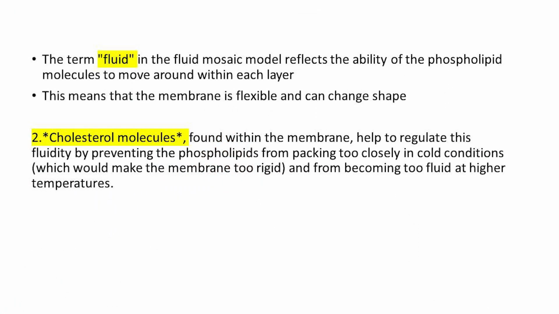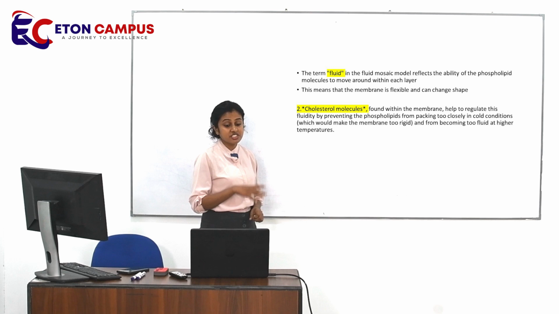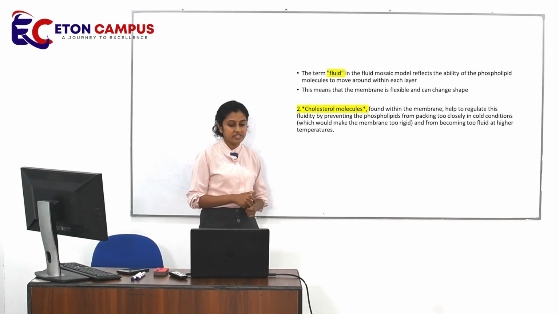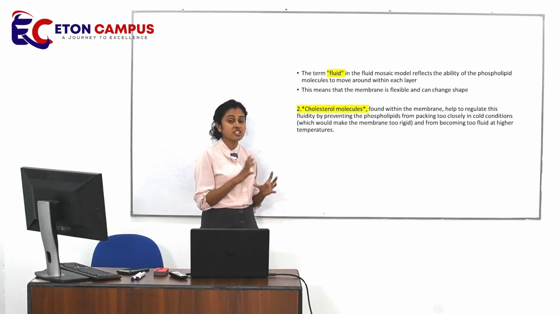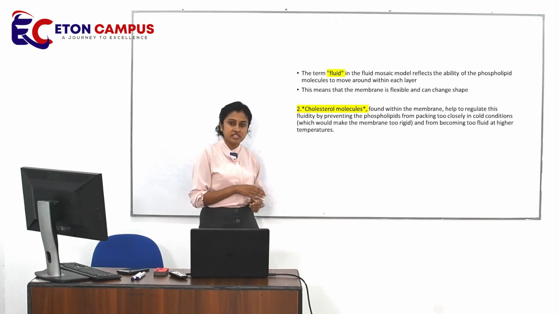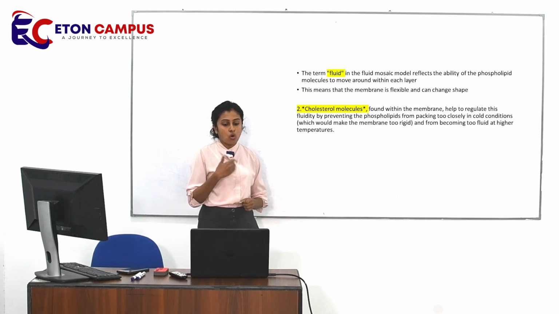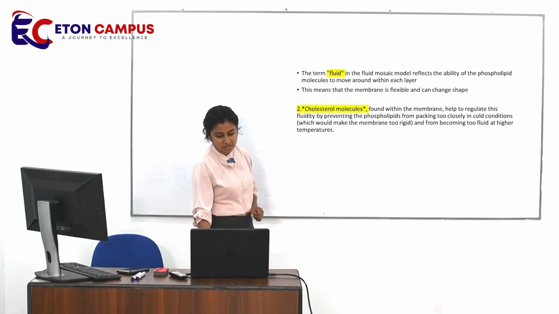This cholesterol molecule is also going to regulate the fluidity of the cell membrane. It can prevent the phospholipid molecules from packing too closely in cold conditions and also from becoming too fluid at higher temperatures.